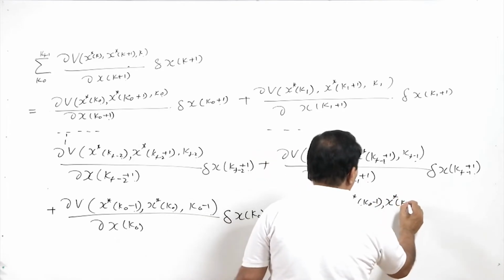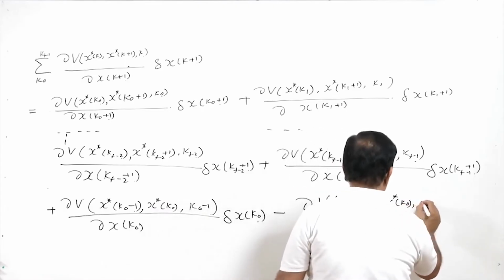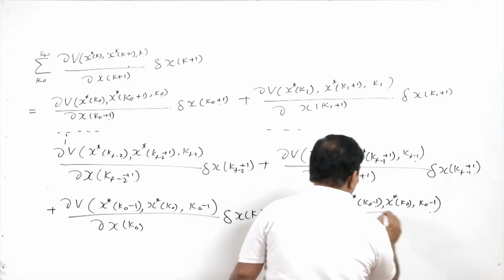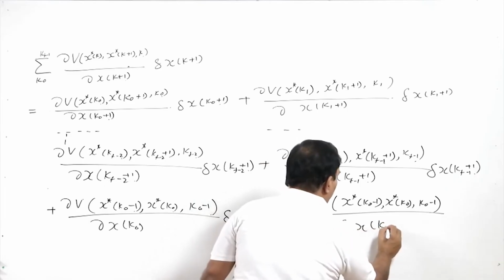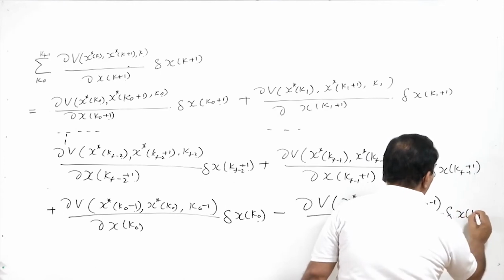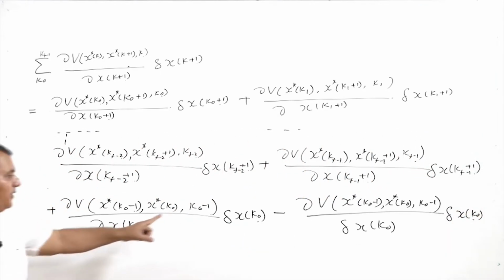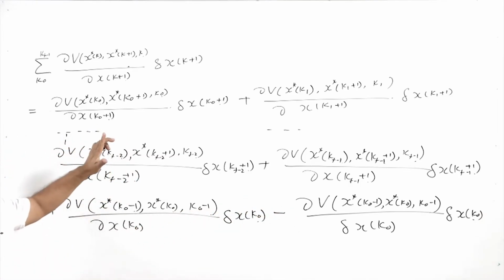Del v, x star at k0 minus 1, delta x of k0. So, if I add and subtract this term, I am not going to change my relation.